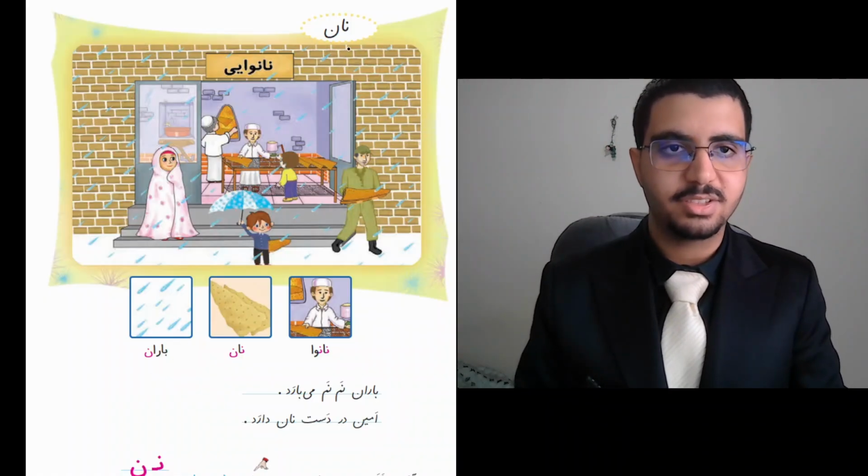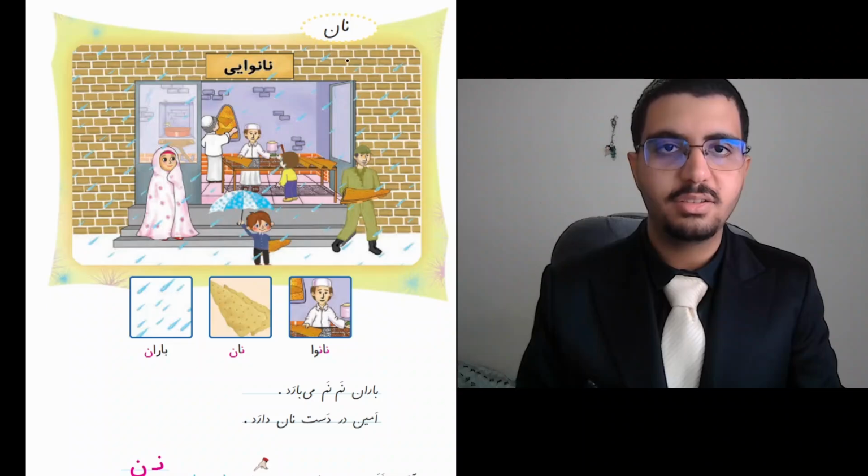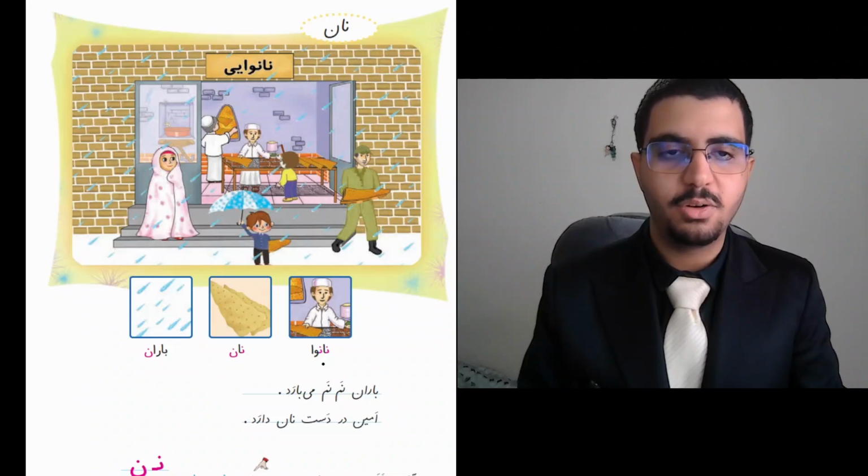Now, here's the interesting thing. By just learning the word non, you can also easily learn the word baker and the word bakery, because they are so similar. You just add a va into non, and it becomes nonva, or the baker, the person making the non.